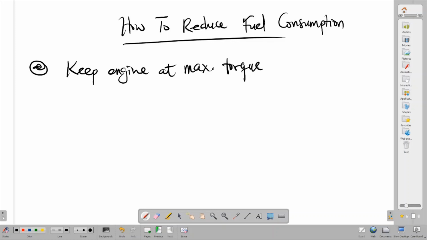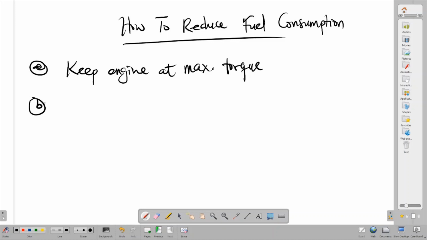In that range we have the maximum torque being recorded for the engine. So if we keep the engine revving at about 2500 rpm to 3500 rpm, we will attain the best fuel consumption for that engine.